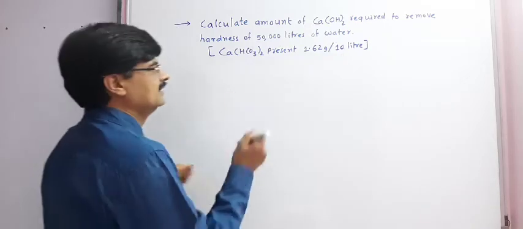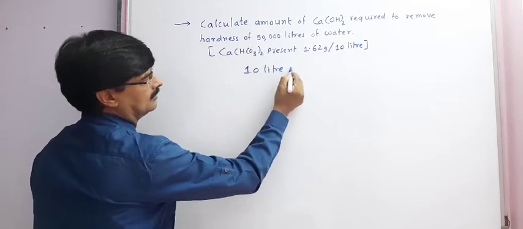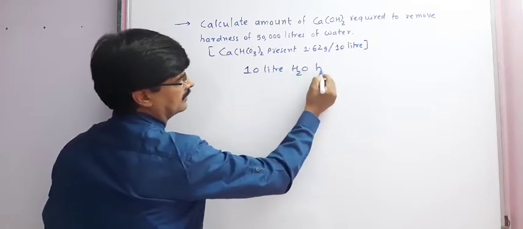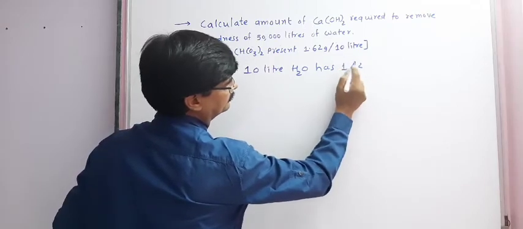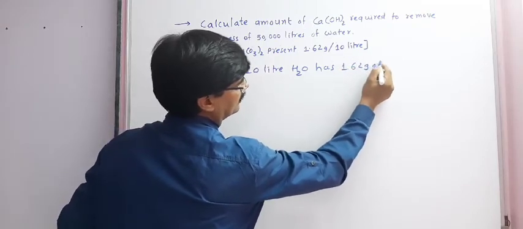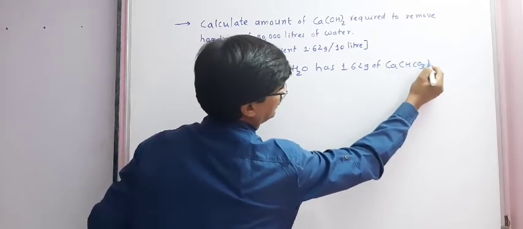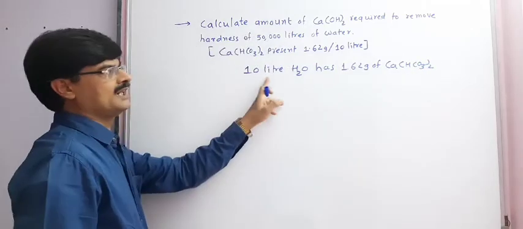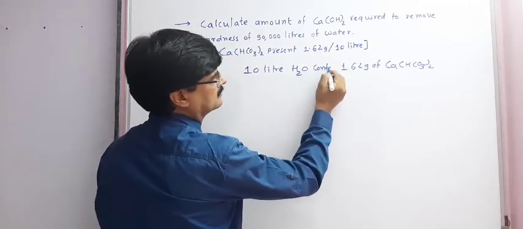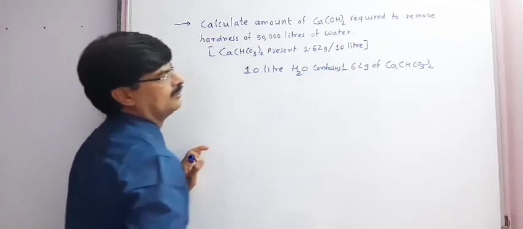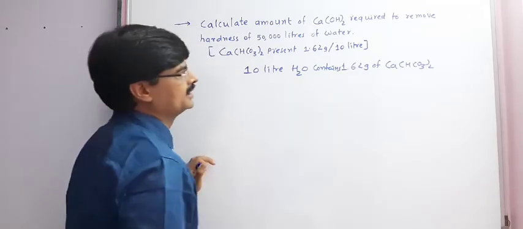It means 10 liter water has 1.62 gram of calcium bicarbonate or calcium hydrogen carbonate. Once more, 10 liter H2O contains 1.62 gram of calcium hydrogen carbonate.